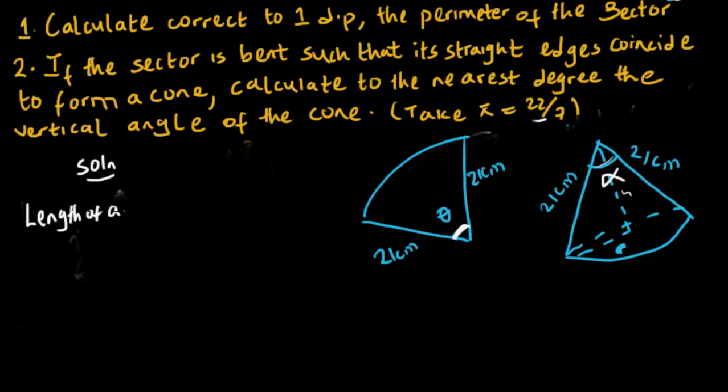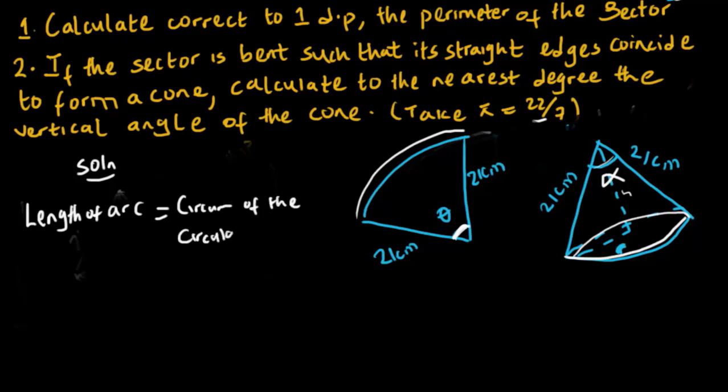Length of arc, which is this part here, we said it's equal to this circular base of the cone. So it's equal to the circumference of the circular base of the cone. Does this make sense?